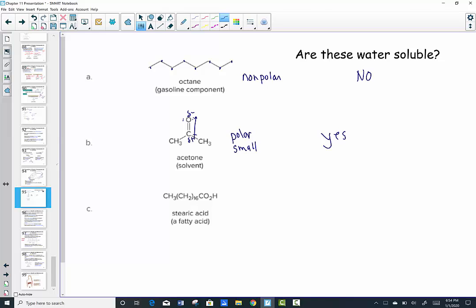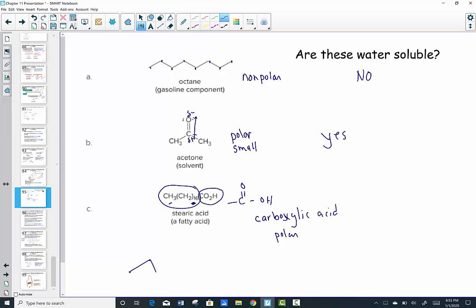And down here we have a fatty acid called stearic acid. My eyes first went to this functional group for a carboxylic acid, COOH. The carboxylic acid is its functional group, and clearly that looks like a polar region. However, how many hydrogens and carbons are attached to that polar region? We have 16 plus one more, 17 carbons attached to that.